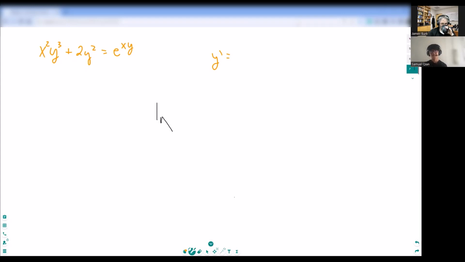Yeah, but it makes it so no wait. No, I think it could still work. Okay, then I'll just have to implicitly differentiate then. It's going to be messy.